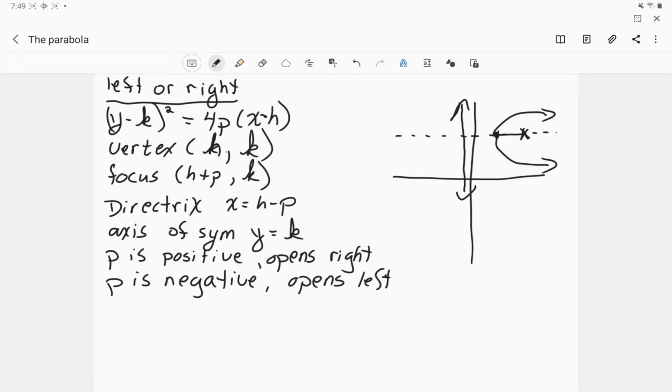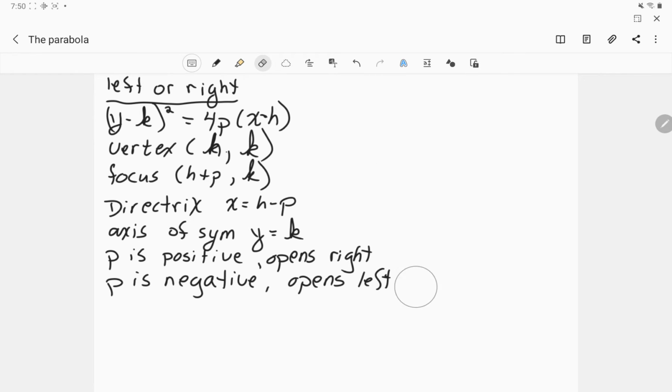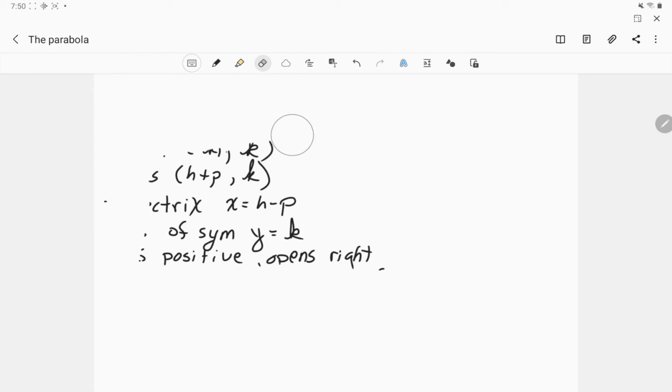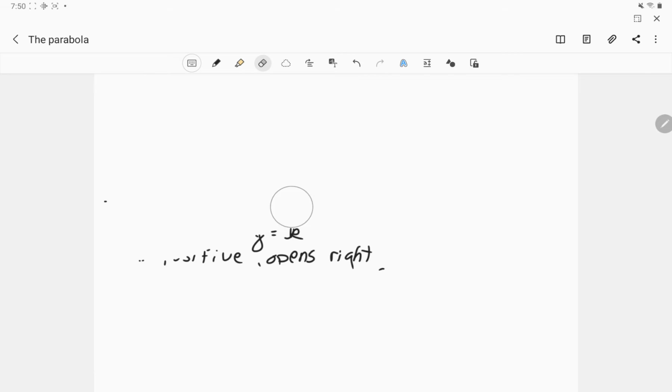So now we need to talk about general form. That's all the notes for the parabola in standard form. I'm going to give you notes on all the shapes, because on a test, one of the things that I would do is I would actually give you an equation in general form and ask you what shape it is.